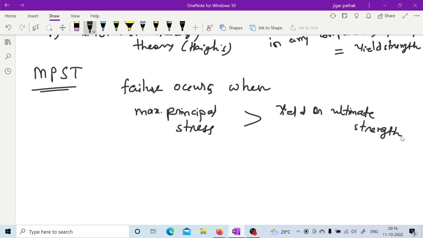In the case of ductile, it is yield. In the case of brittle, it is ultimate strength.